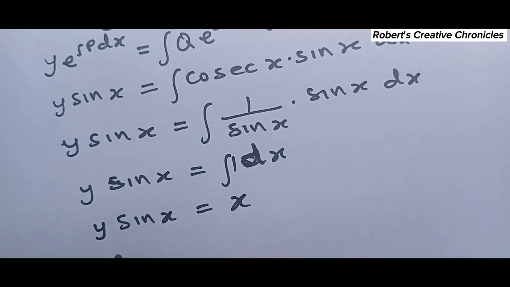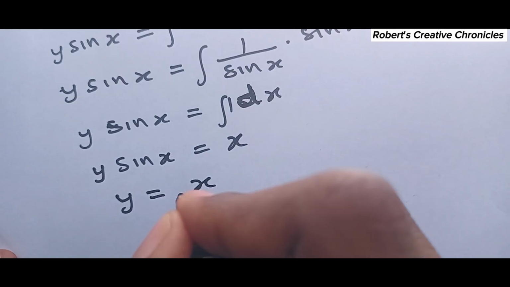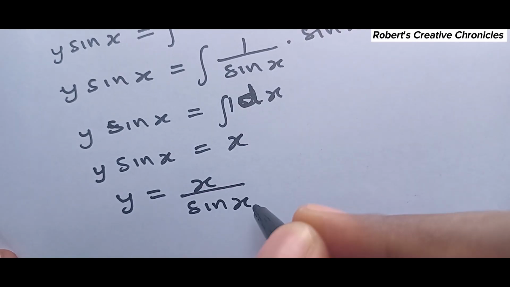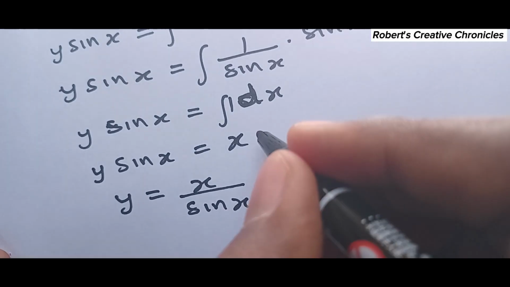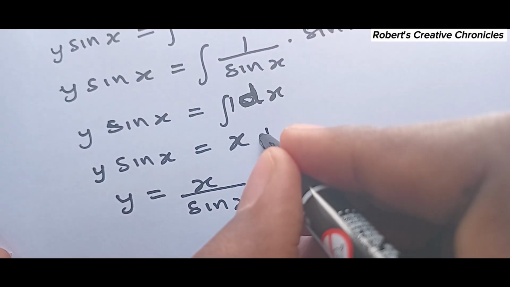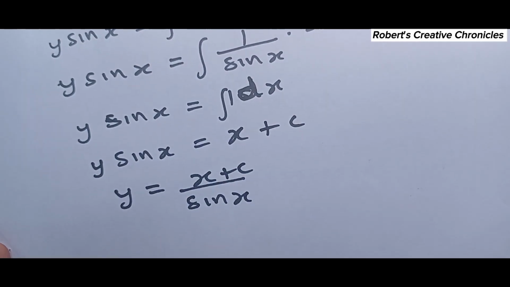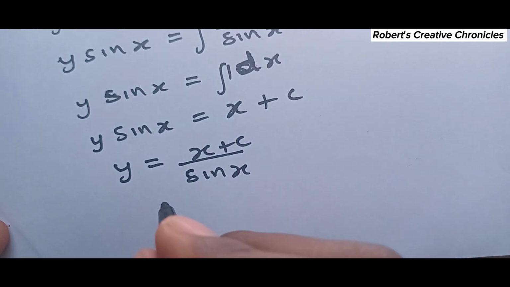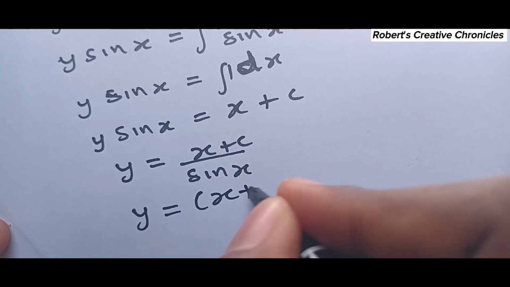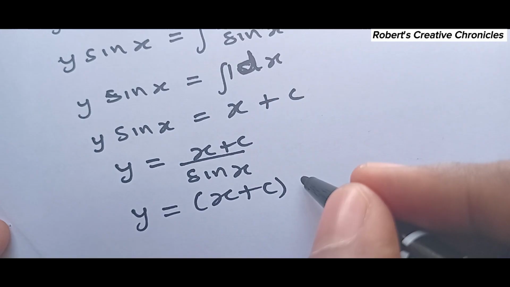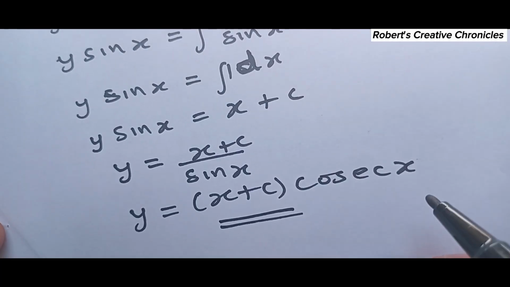So y equals x over sine x. And remember, when you integrate, you put plus c. So y equals x plus c, over sine x, and the inverse of sine is cosec x. So this is the answer for the A part.